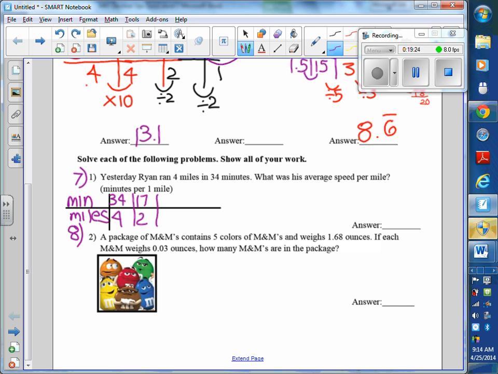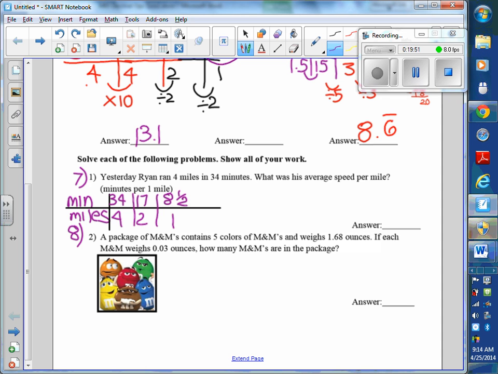So 2 miles in 17 minutes. How many times does 2 go into 17? And what's the remainder? 1, right? Out of what? Right, so 8.5 minutes per 1 mile.